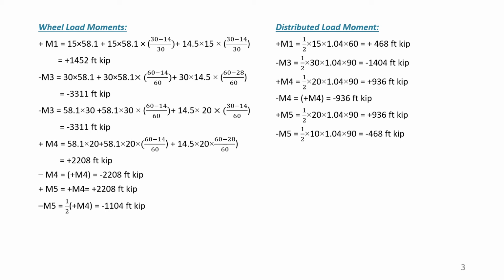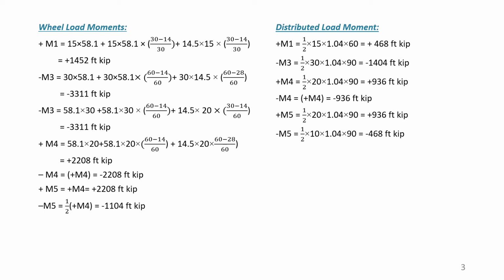Next is the distributed load moment on the right hand side. Here for M1, the maximum ordinate is 15, and this is a triangular figure, so half into 15 and into 60, and the load is 1.04 kip per foot.